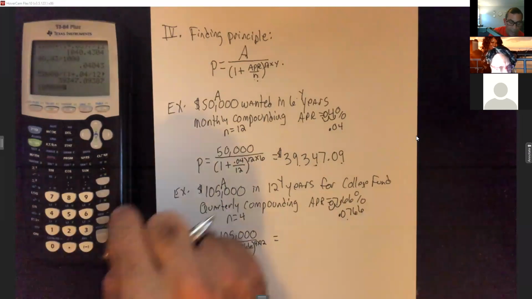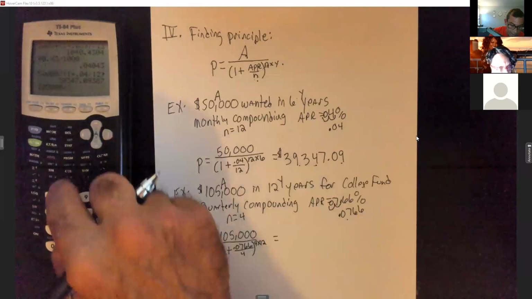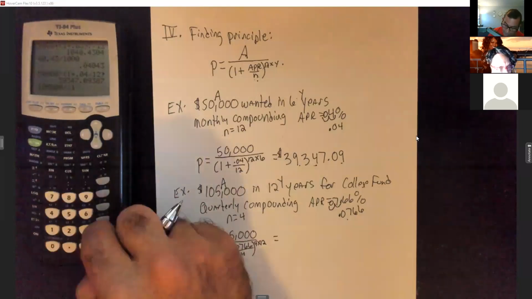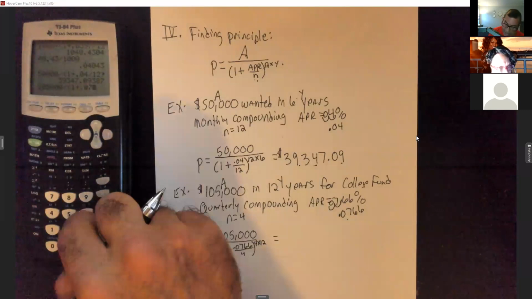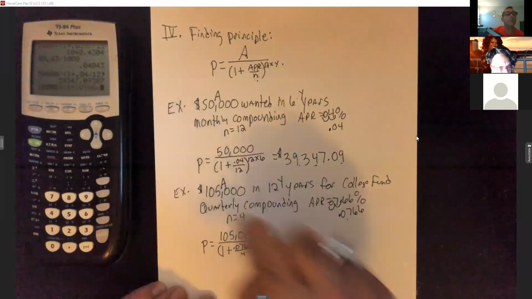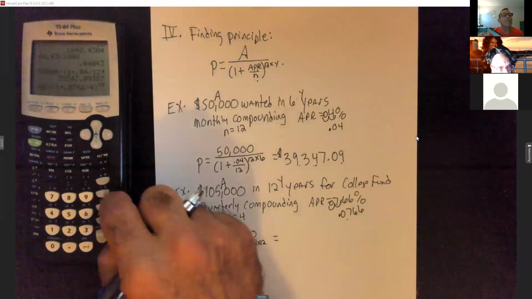All right, so here we go, 105,000. That's like 105,000, right? Divided by parentheses 1 plus 0.0766 divided by 4, close those parentheses, and then carry it up for that exponent. And y'all, what was that, 4 times 12? Or you could have put 48 there.